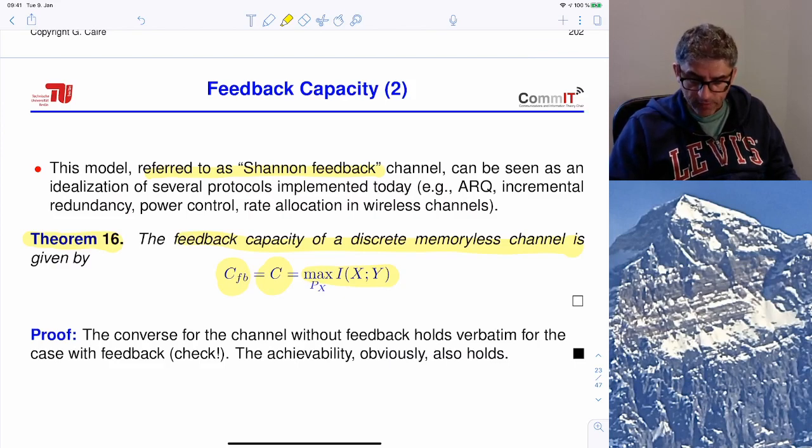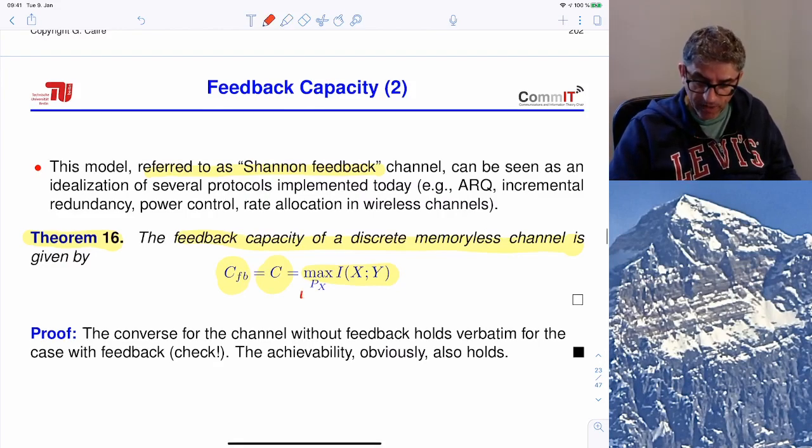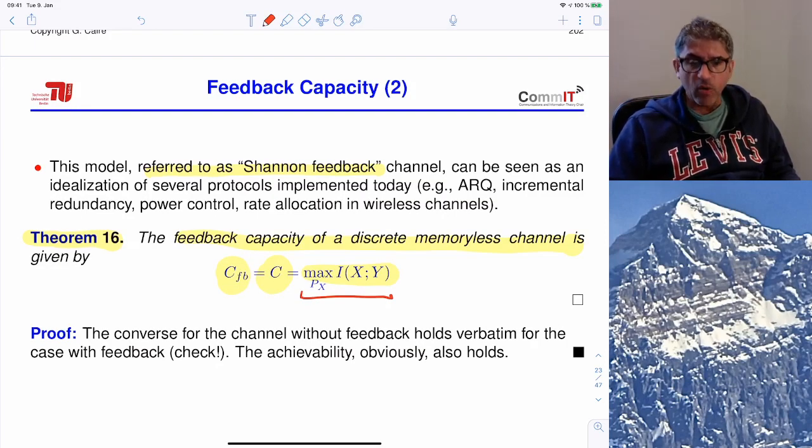In order to prove this, well, the achievability, who cares? We can just ignore the feedback. For sure, we can achieve this quantity as before. So all what we have to prove is the converse.